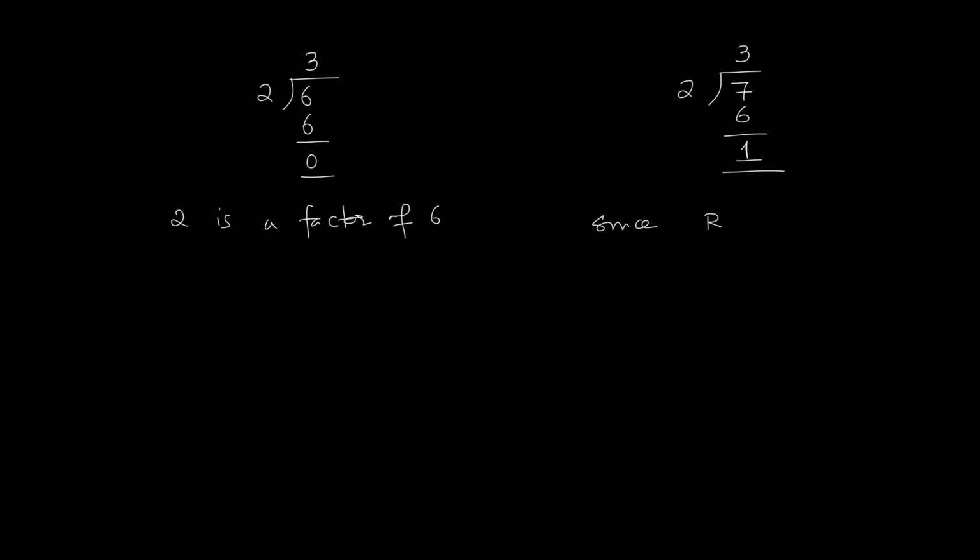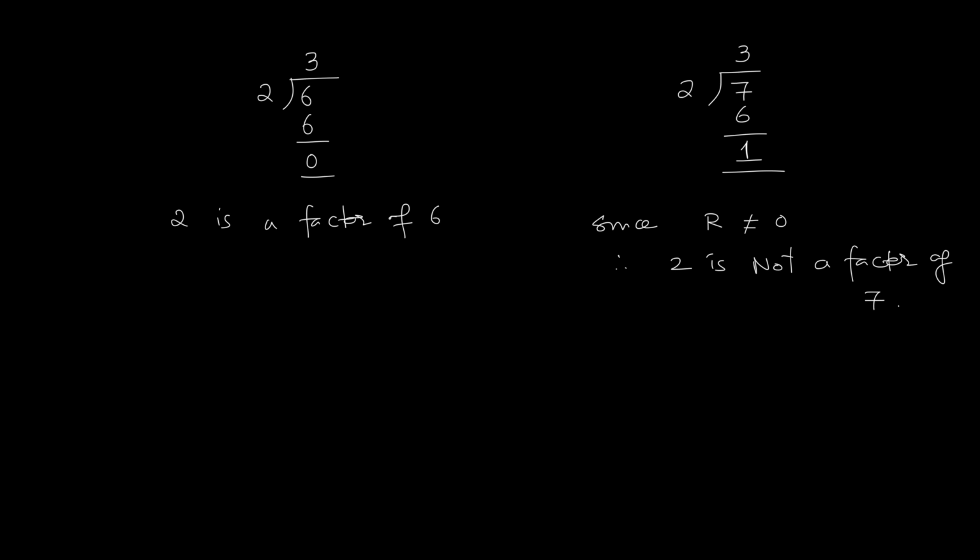Since the remainder does not equal 0, therefore 2 is not a factor of 7. So it's a simple example of arithmetic which gives a little insight into what factors are all about.